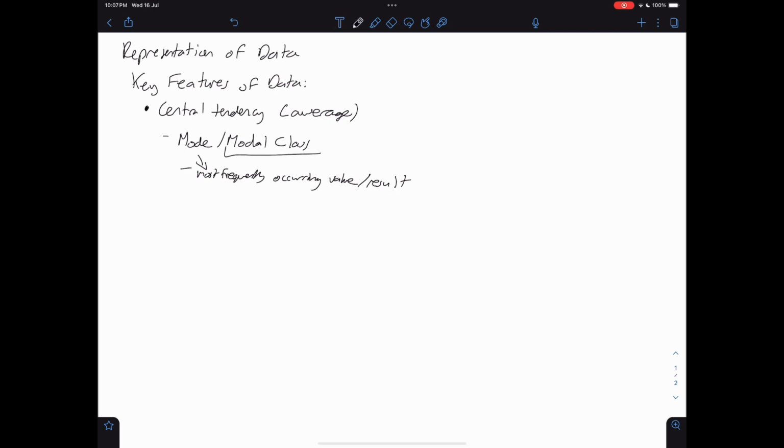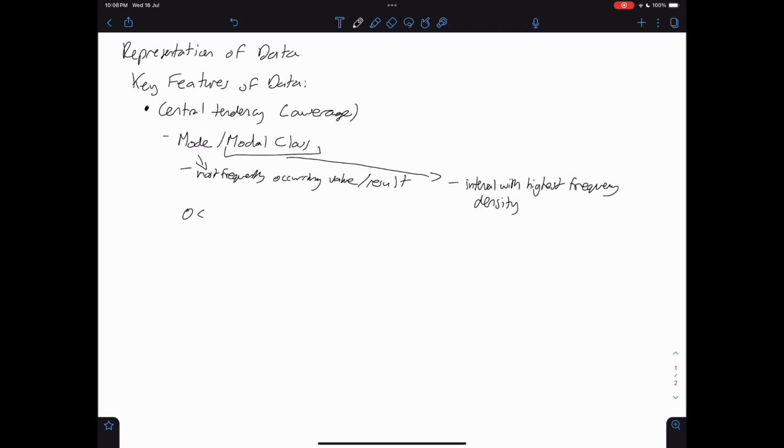And the modal class is the interval with the highest frequency density.